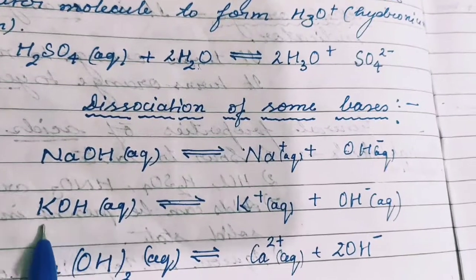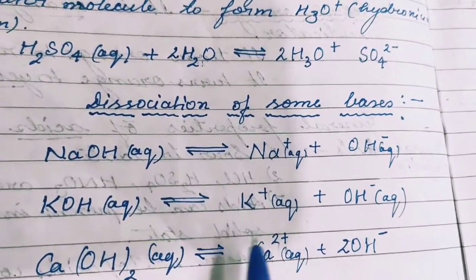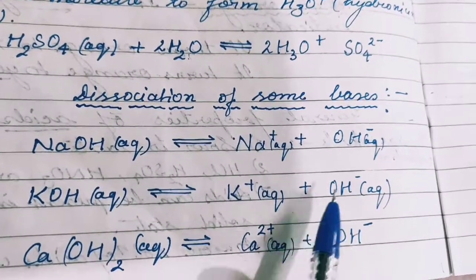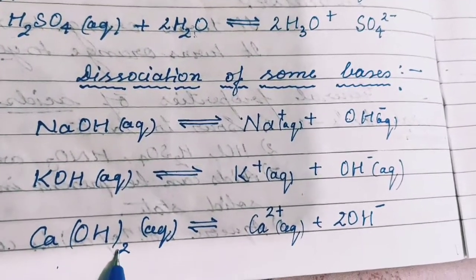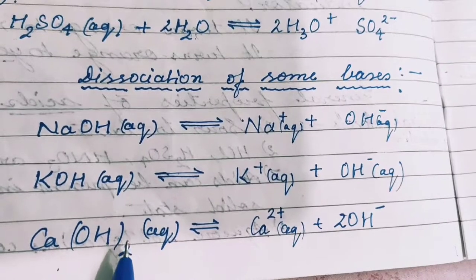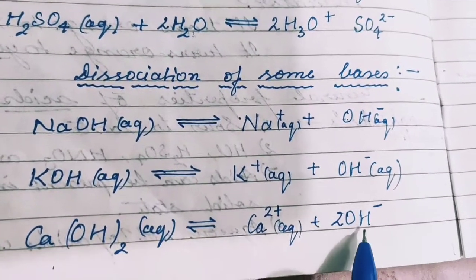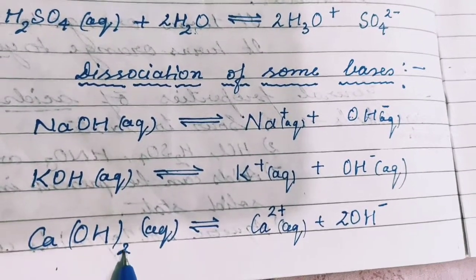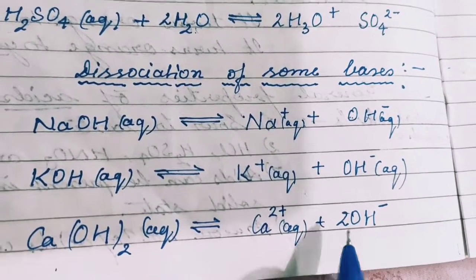In the same way, potassium hydroxide, when in the aqueous form, gives potassium ion and what? Hydroxide ion. In the same way, calcium hydroxide, when it is dissolved in water, gives 2 hydroxide ion. Why 2 hydroxide ion? Because here it is 2. Okay, so you can write in this way.